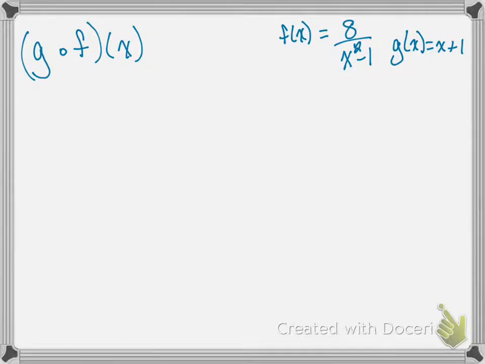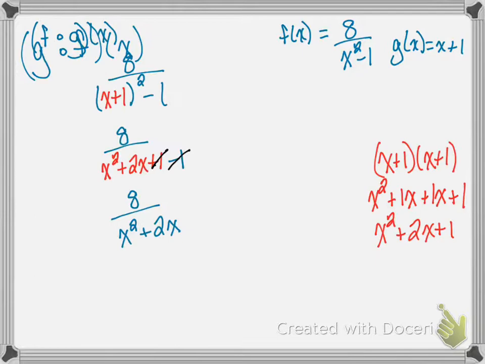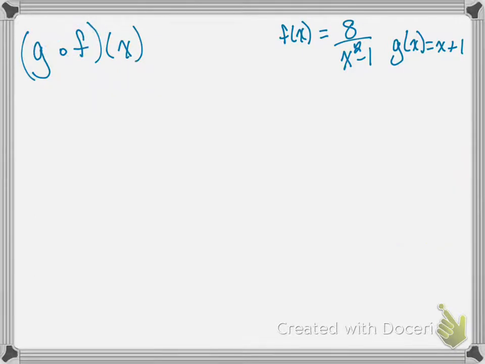I am taking F and plugging that into the G. So this time I am going to take 8 over x squared minus 1 and plug it in for that x right there.